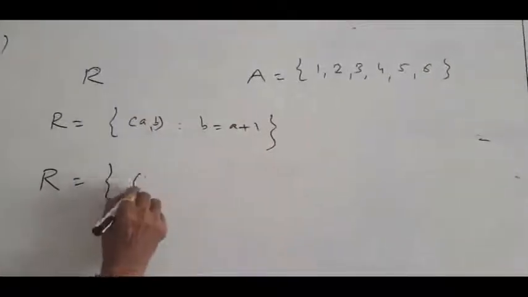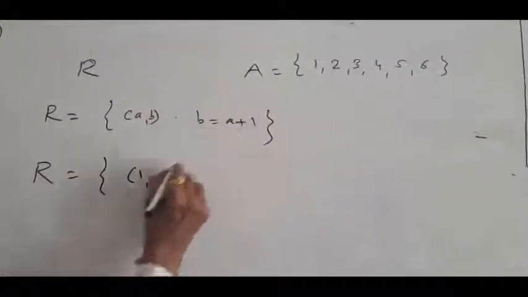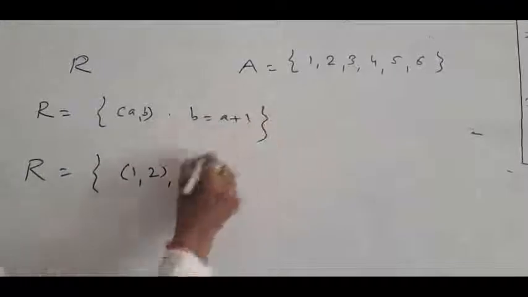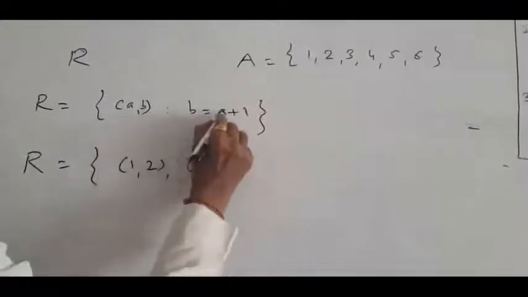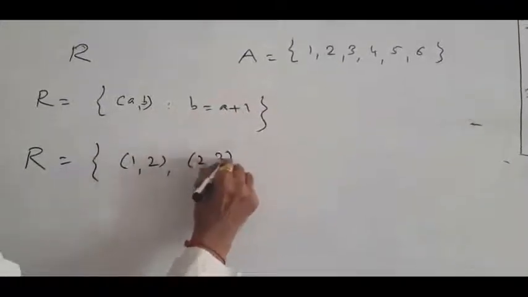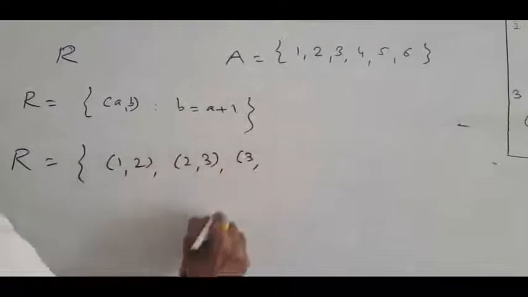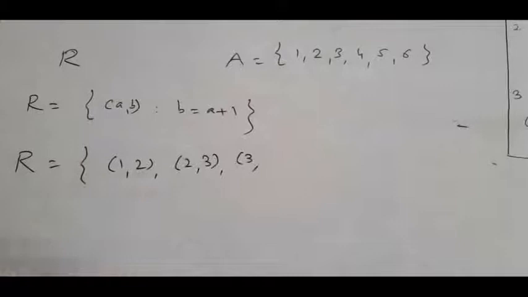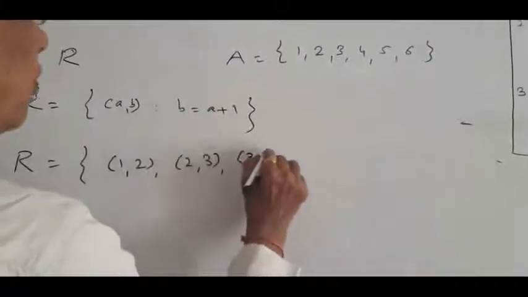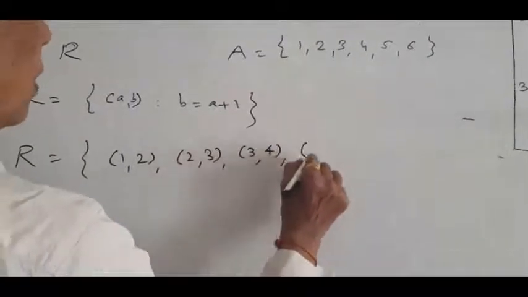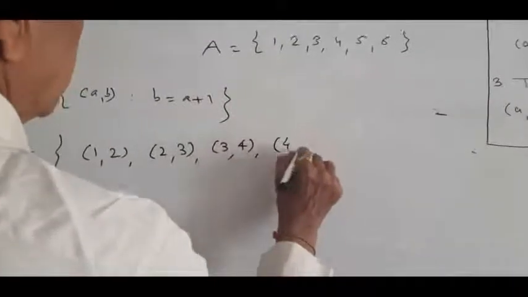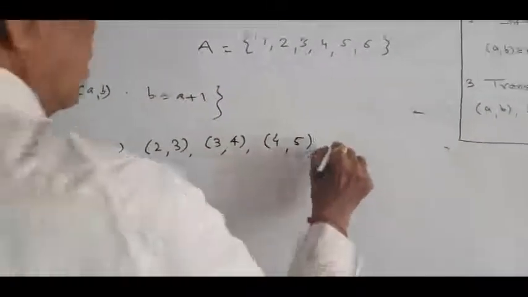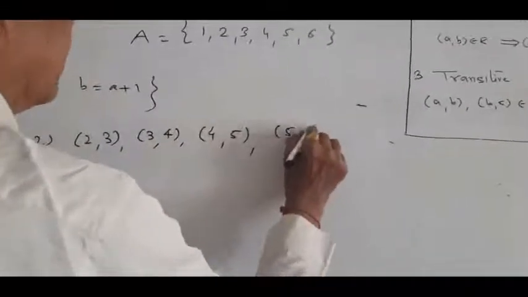When a is 1, b equals a plus 1, which means 2. When a is 2, b equals 2 plus 1, which means 3. When a is 3, b equals 3 plus 1, which means 4, right? We can take a from this set only. Then (4, 5), (5, 6).